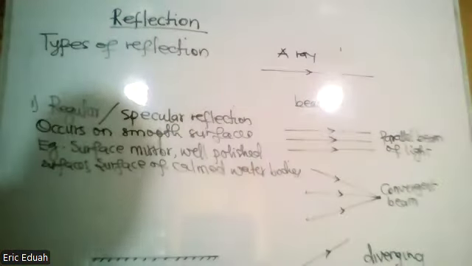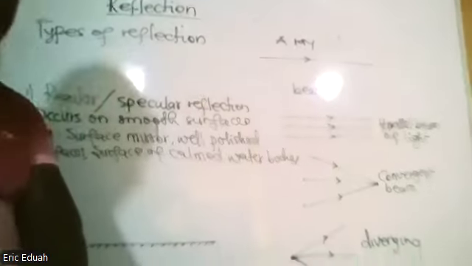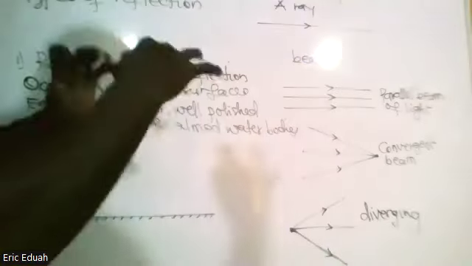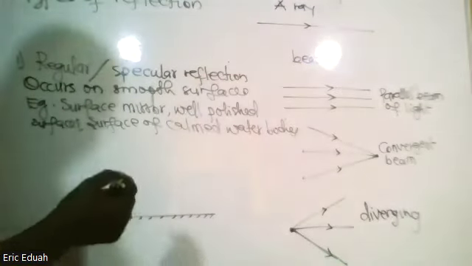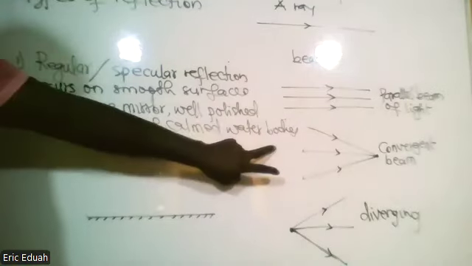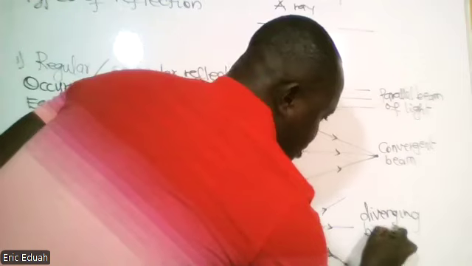A ray can also be described as a photon. A photon is a packet of energy or packet of light.